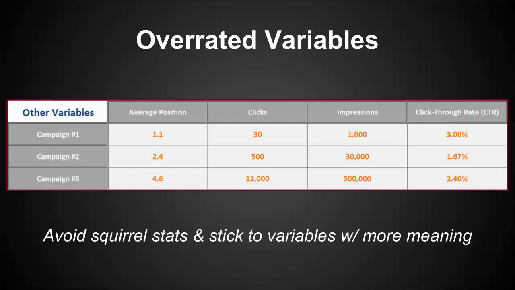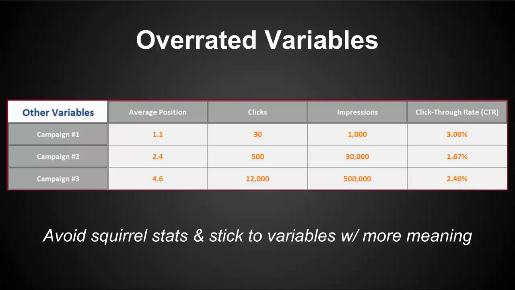So it's in Google's best interest as a business to be showing ads that have a higher click-through rate, because they will make more money. Now, click-through rate is definitely something that you always want to be trying to increase. A click-through rate of 3% is better than a click-through rate of 2%, so higher is better in this case.